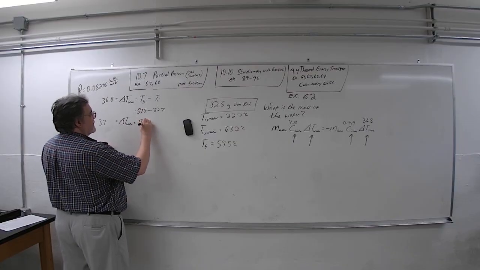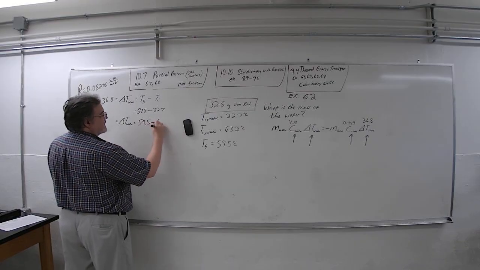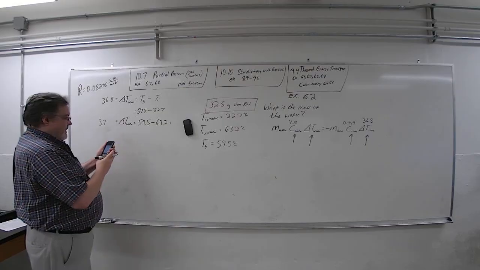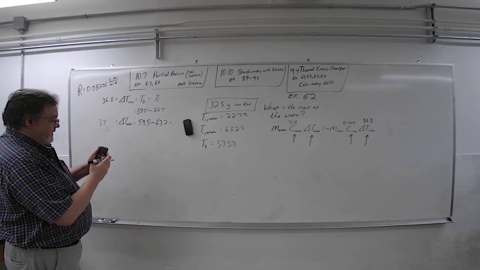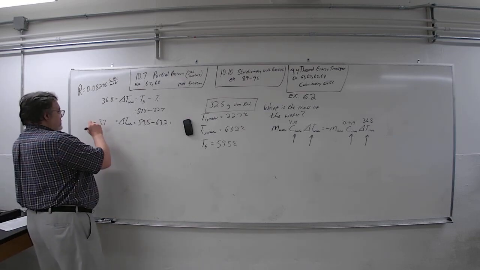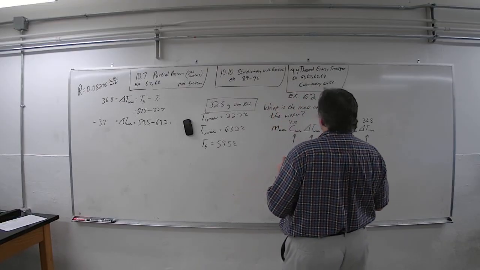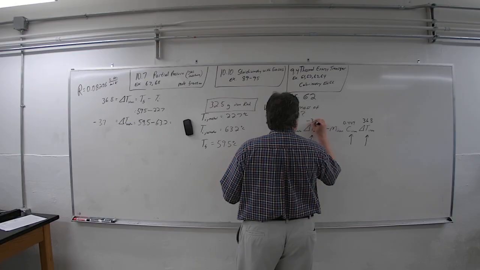Final is 59.5, and initial for water was 63.2. So yeah, that one should have come out negative. 59.5 minus 63. So yeah, it is negative. So that's positive. Water was negative 3.7.